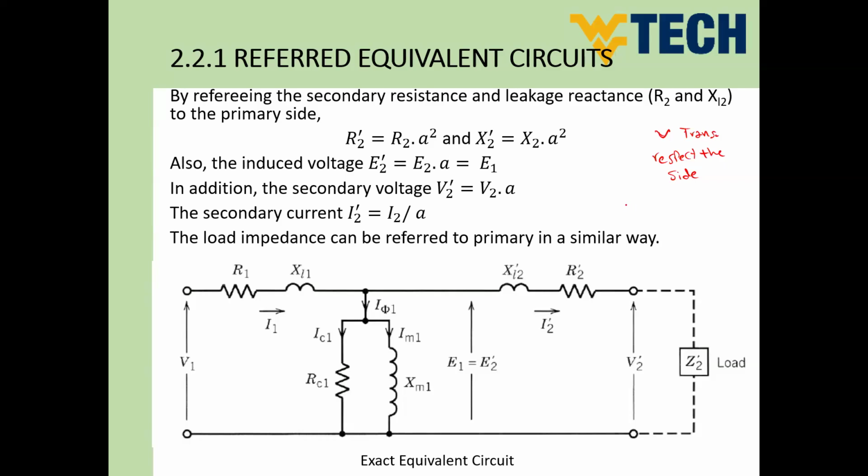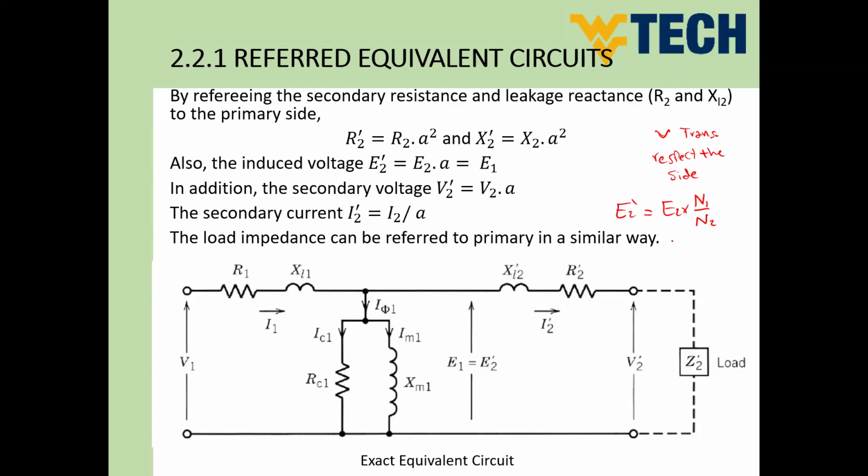So I would like to get E2 prime. If I would like to get E2 prime, I would respect the side that I am moving to. So I'm moving to the first side or the primary side. So I will multiply E2 times the first side turns ratio divide the secondary turns ratio. So by this way, I respected the side that I'm going to.